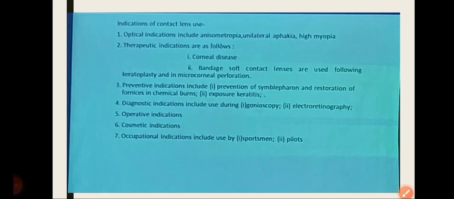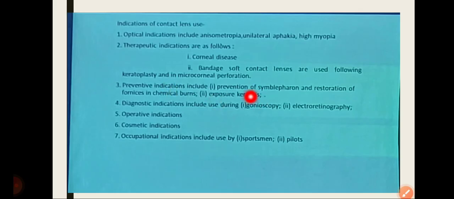Indications of the contact lenses. Optical indications include anisometropia, unilateral aphakia, and high myopia. Therapeutic indications are as follows. In corneal diseases, bandage soft contact lenses are used following keratoplasty and microcorneal perforations.